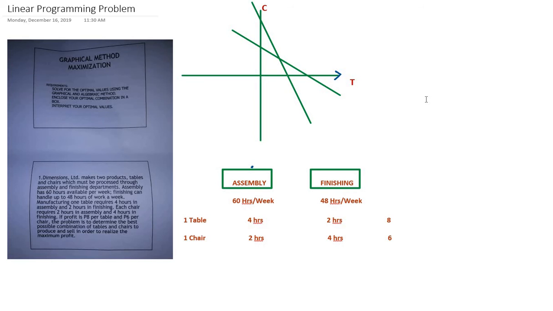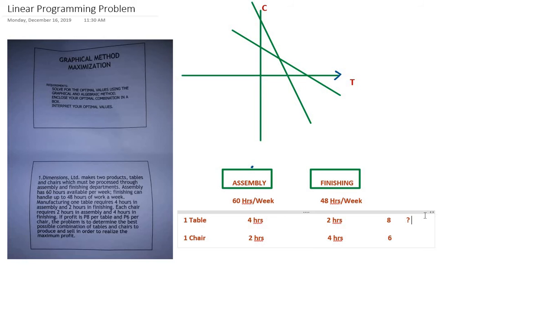So the problem is to determine the best possible combination of tables and chairs to produce and sell in order to realize the maximum profit. It means how many tables should we produce and how many chairs should we produce within this given time period of assembly and finishing, within all these constraints.